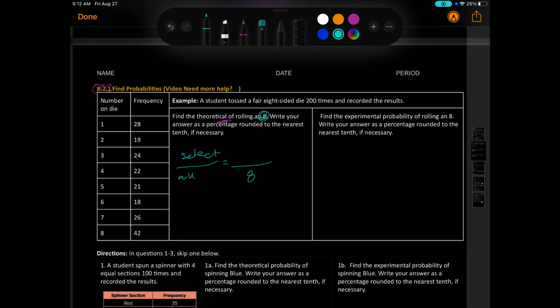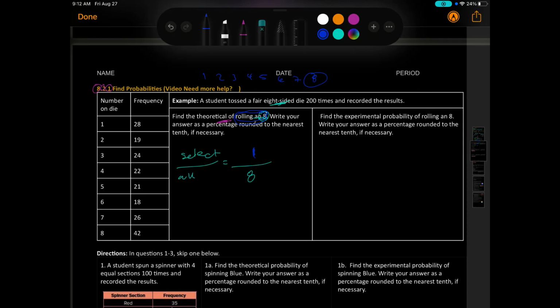There's 8 sides to the die, and we're trying to just roll one specific number. This is the specific number we want, to roll an 8. This is the 8-sided die, and how many of those numbers are 8? It's just 1. So our theoretical probability here is 1/8.